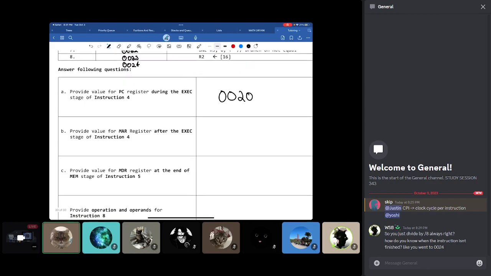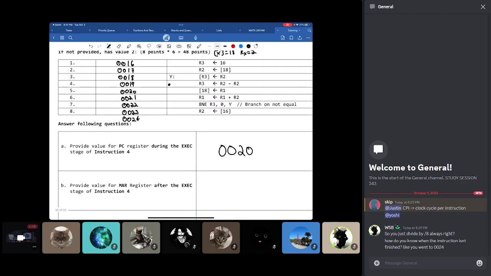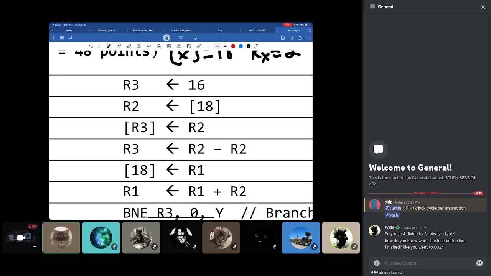From that, we say provide the value for the MAR register after the exec stage of instruction 4. So we're still at instruction 4. Let's look at R2.